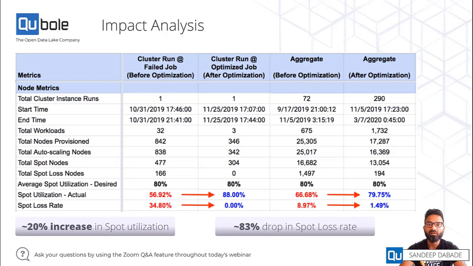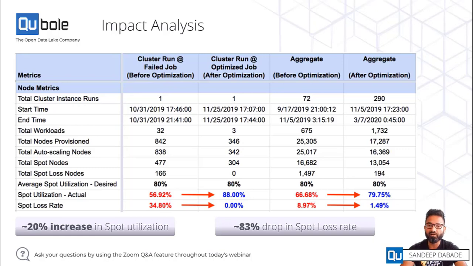Last two columns show the aggregate view over a longer period. So before the optimization, over 72 cluster instance runs, spot utilization was only 66%. But after optimizations, over 290 cluster instance runs, spot utilization went up to about 80%.